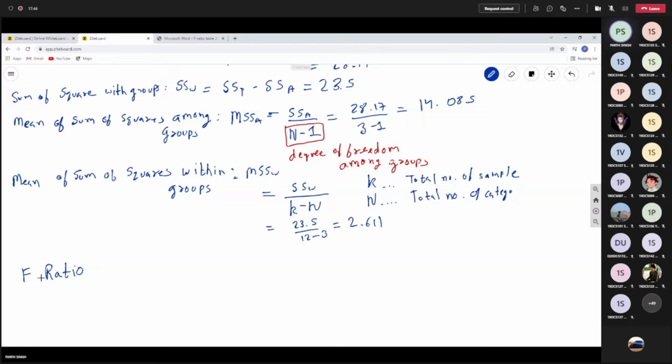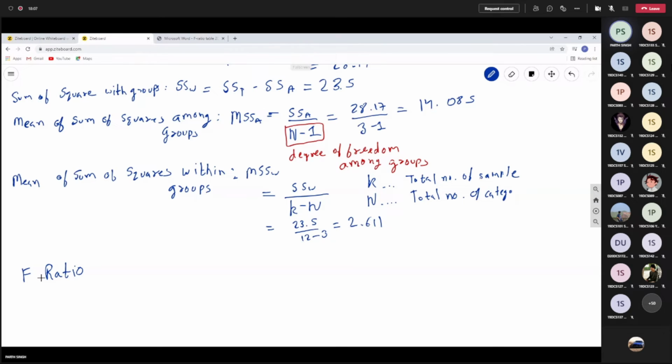This model, these steps and this method were invented by R.A. Fisher, right?